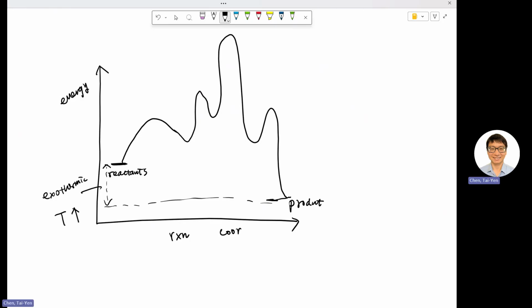Okay, so you see I drew this curve, right? Can you tell me where the activation energy is? Yes, the highest point to where?